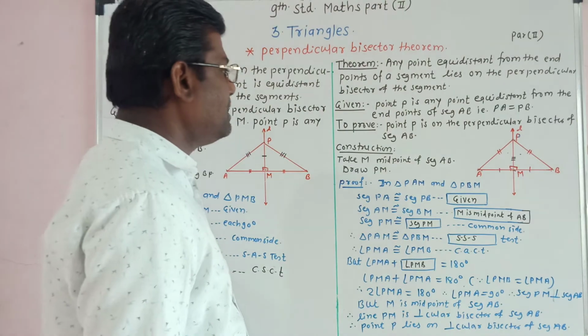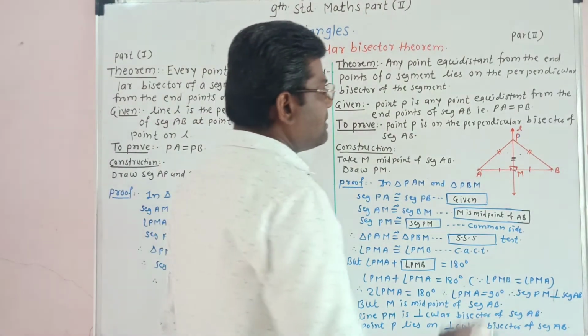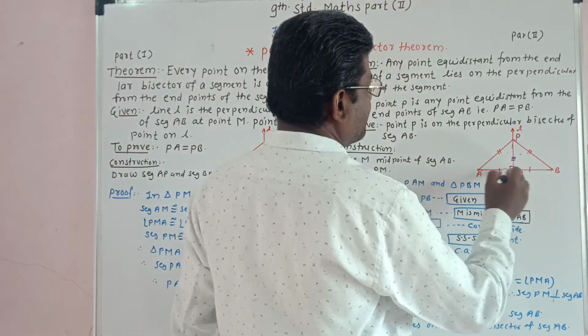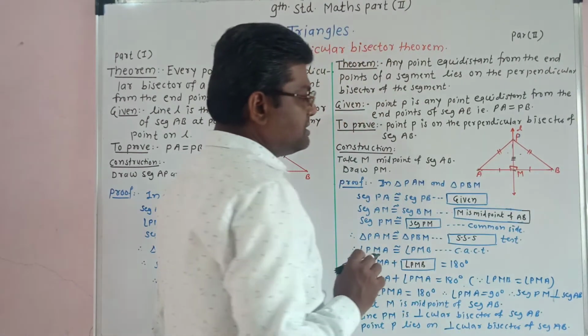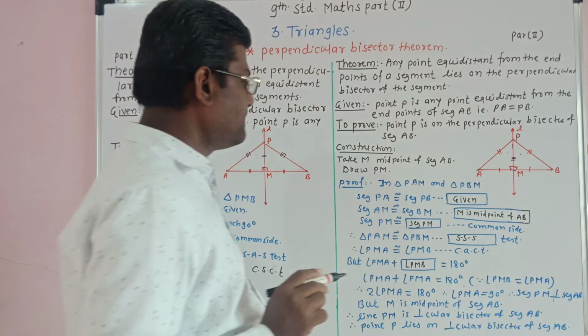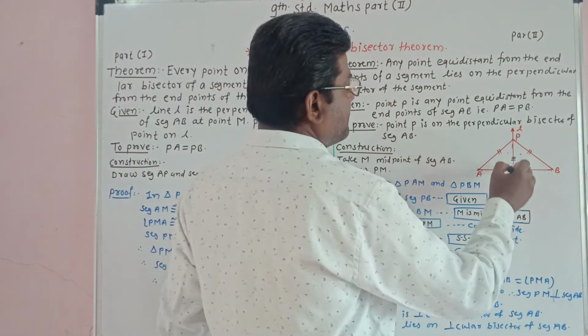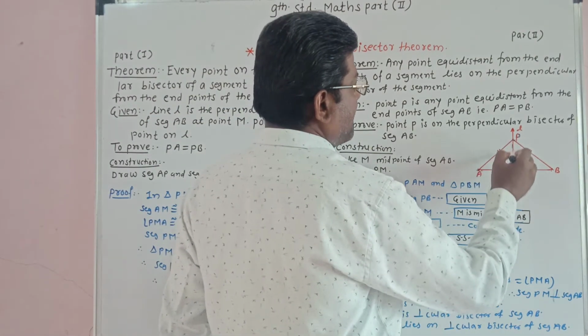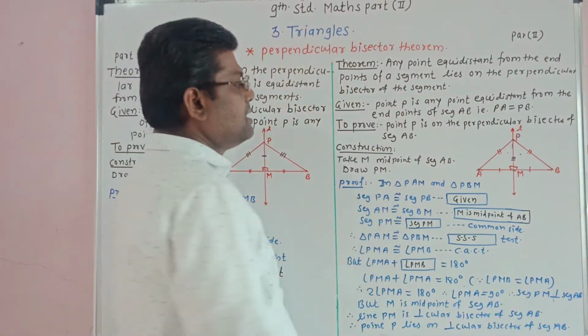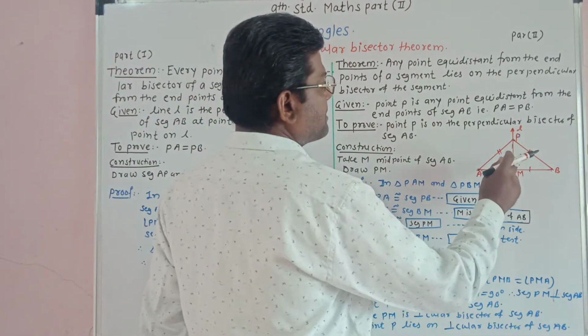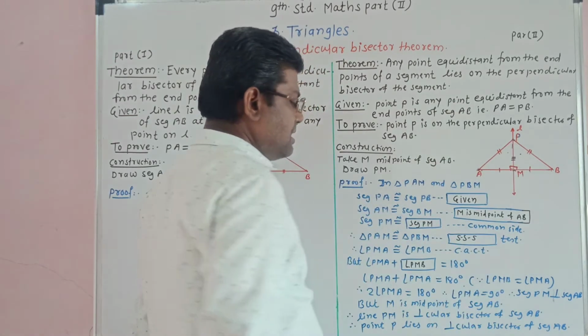Therefore, angle PMA is congruent to angle PMB. This is due to CACT. But angle PMA plus angle PMB is equal to 180 degrees because these two angles are a linear pair.